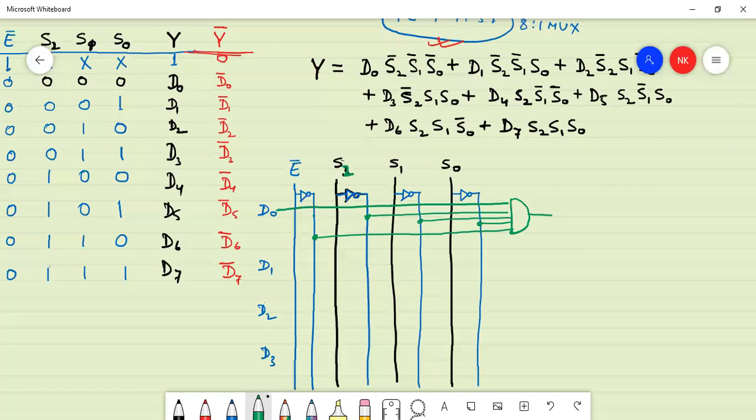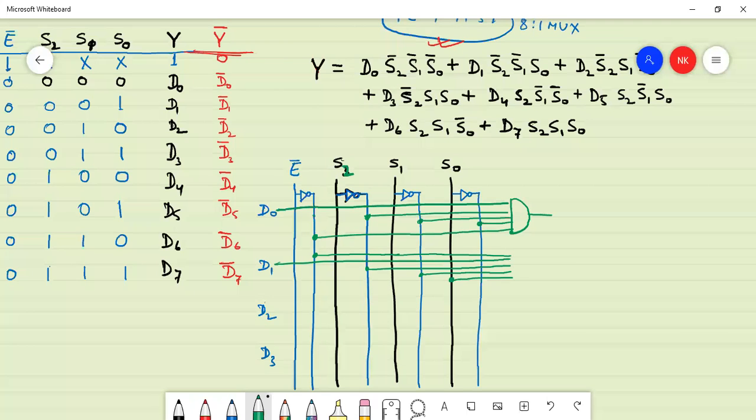In the same way, we will take the inputs. For D1, we need S2 bar, S1 bar, and S0. Instead, we will have one more input, which is from this E bar.